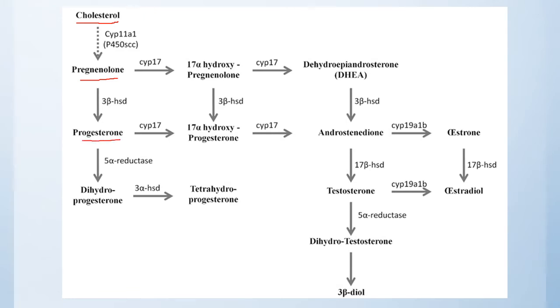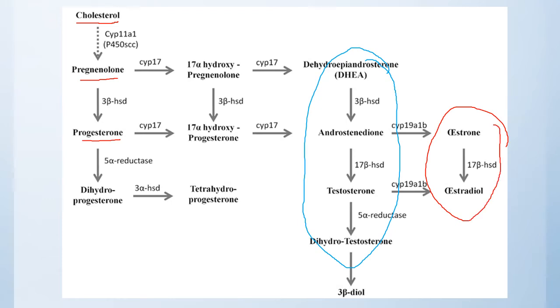From progesterone, you have the androgens, and finally, from the androgens, you have the estrogen. So cholesterol, pregnenolone, progesterone. From progesterone, you have androgen. From the androgen, you have estrogen. So basically, that's that.